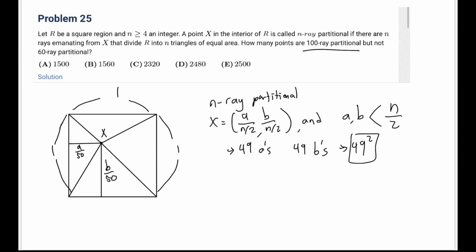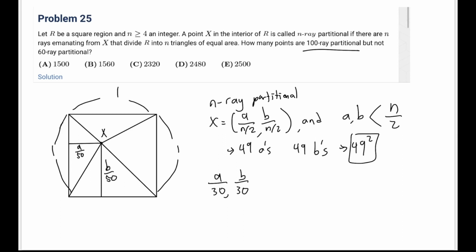If it wants to be 60 ray partitional, then it would be A over 30, comma, B over 30, right? But we need points that are not 60 ray partitional, so we take the 100 ray partitional points and subtract the ones that are both, because we need the greatest common divisor of 100 and 60.